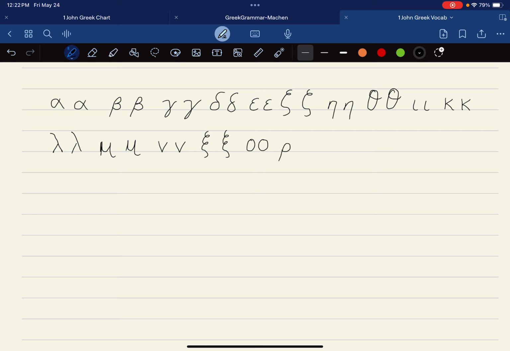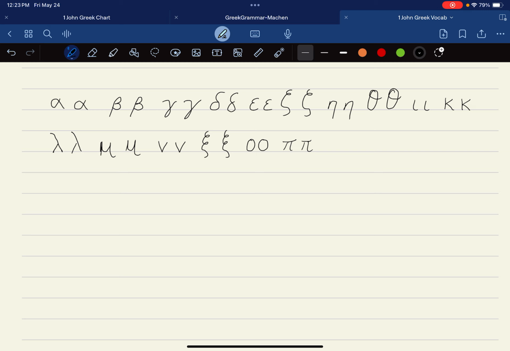Then the letter P. If you notice what I did there, I started to write the English letter P, which is actually our letter rho in Greek, which is pronounced with an R sound. So don't do that.